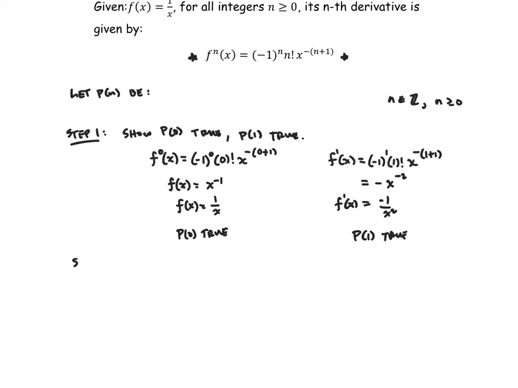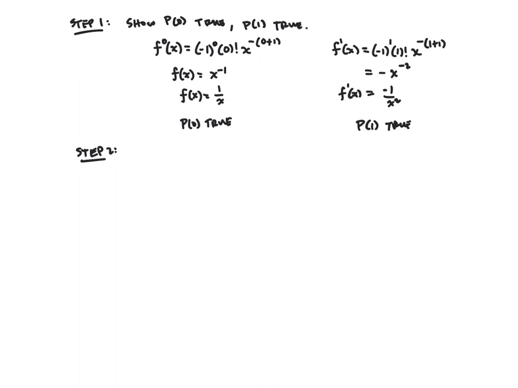Okay, step 2, of course, the assumptive step. Let's assume p of k is true. And of course, let's put that for k in the integers.